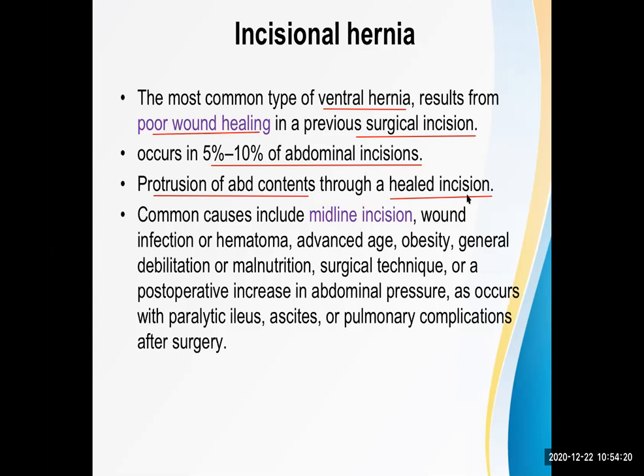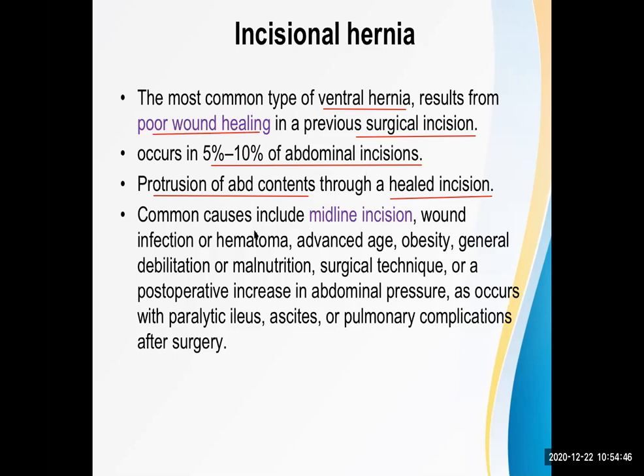The skin incision is already well healed, but probably deeper down the fascia was not sutured well. There are probably a lot of other risk factors. Probably the pressure inside the abdominal cavity is high all the time, so that is responsible for incisional hernia. This is a very important concept.